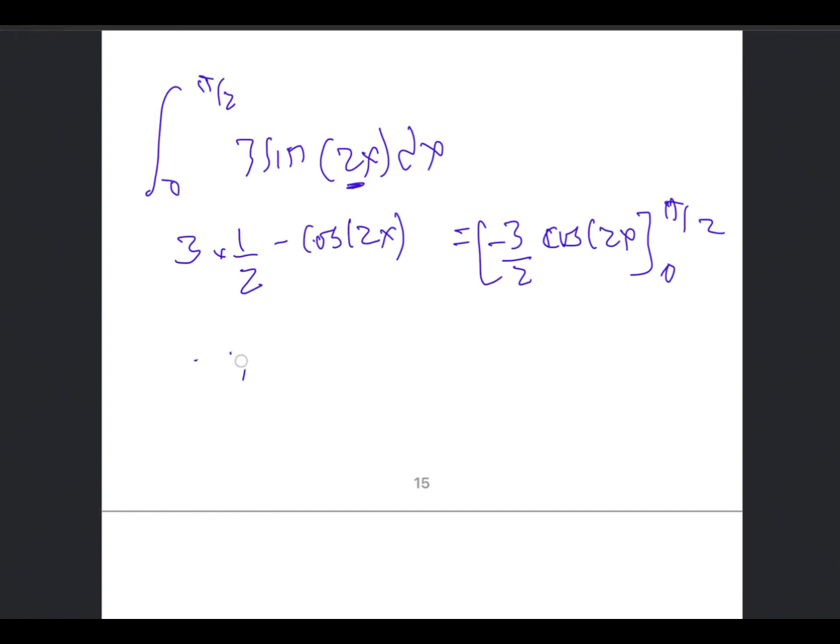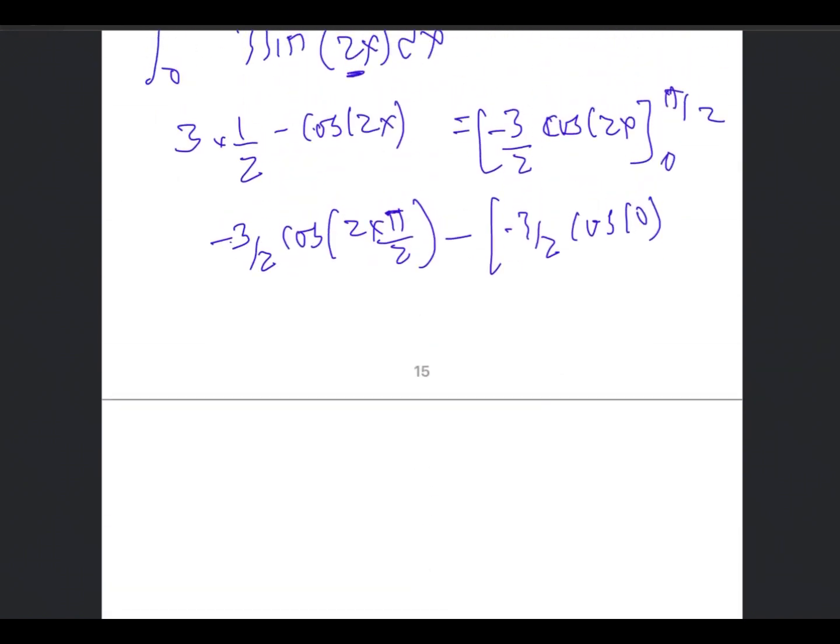So negative 3 over 2 cos 2 times pi over 2, and then minus, that's it. Now I'm done with the upper limit, minus negative 3 over 2 cos 0.